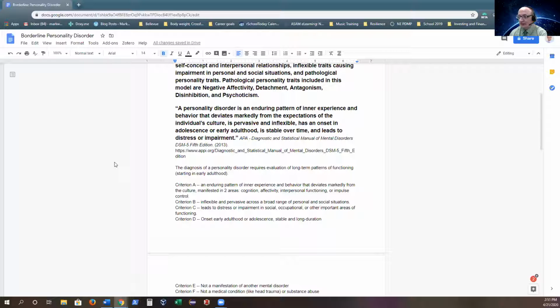So it's their lifelong personality. It's stable over time. It doesn't become something different, and it leads to distress or impairment. This is according to the APA Diagnostic and Statistical Manual of Mental Disorders, DSM-V, which you should all have a copy of.